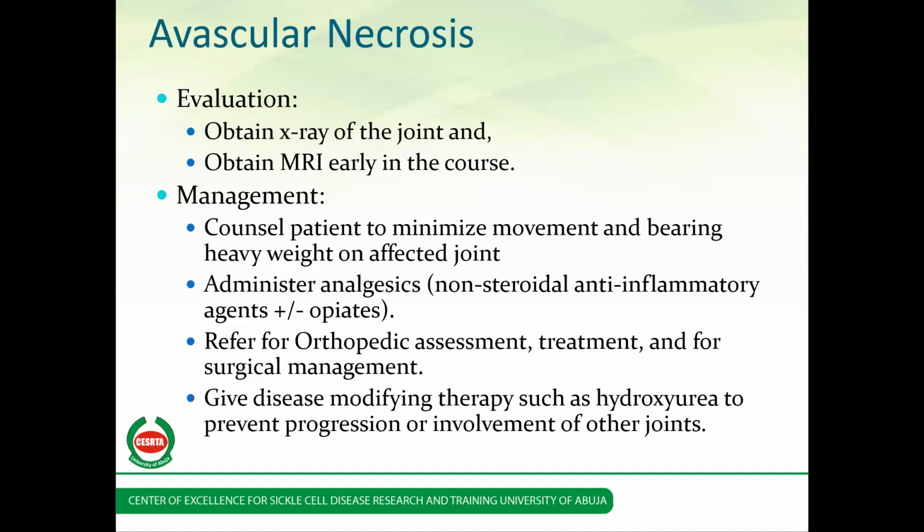Administer analgesics, non-steroidal anti-inflammatory agents, plus or minus opiates if necessary, and then refer for orthopedic assessment, treatment, and surgical management. So the orthopedic surgeons need to come in as early as possible. Give disease-modifying therapy, such as hydroxyurea, to prevent progression or involvement of other joints.